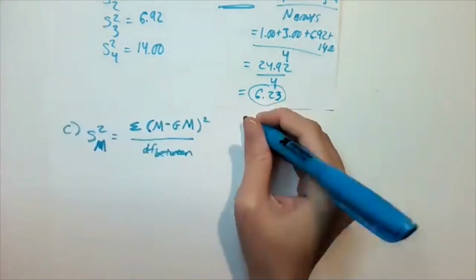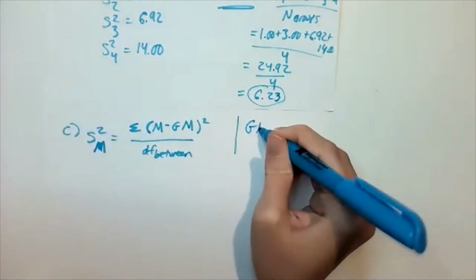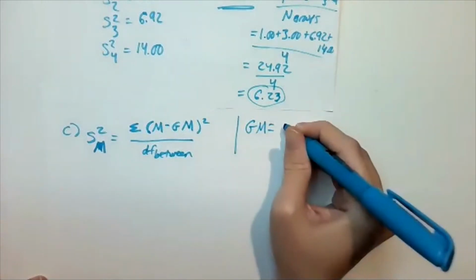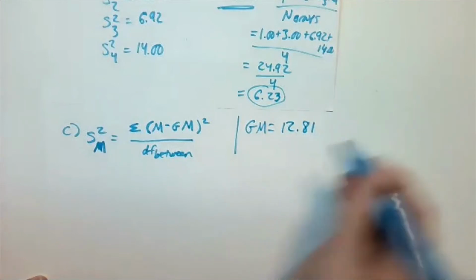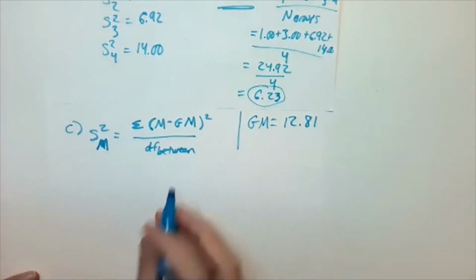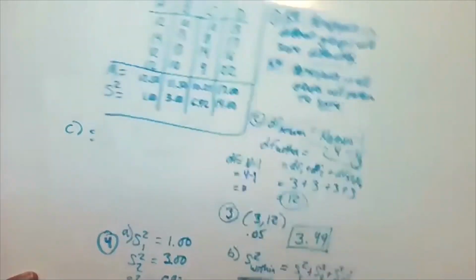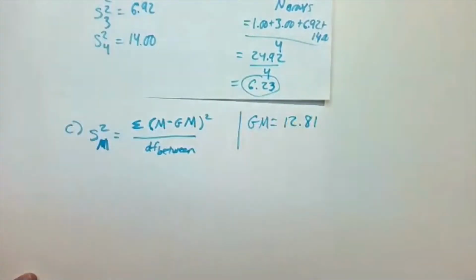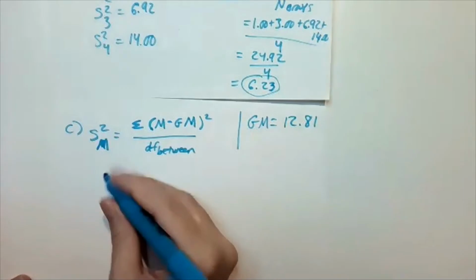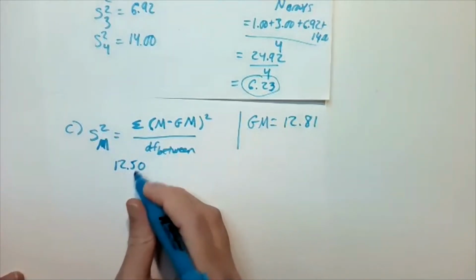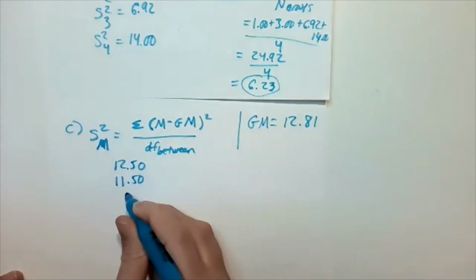And so I'm going to calculate my grand mean here on the side. And so when I do that, I'm going to get 12.81. And then I can go ahead and start getting this variance. And so I'm going to take that grand mean and subtract it from each of these means. Square it, add them up, and divide by df between. And so I'm going to first start out just like I normally do when I'm doing a variance, just writing down each of these means.